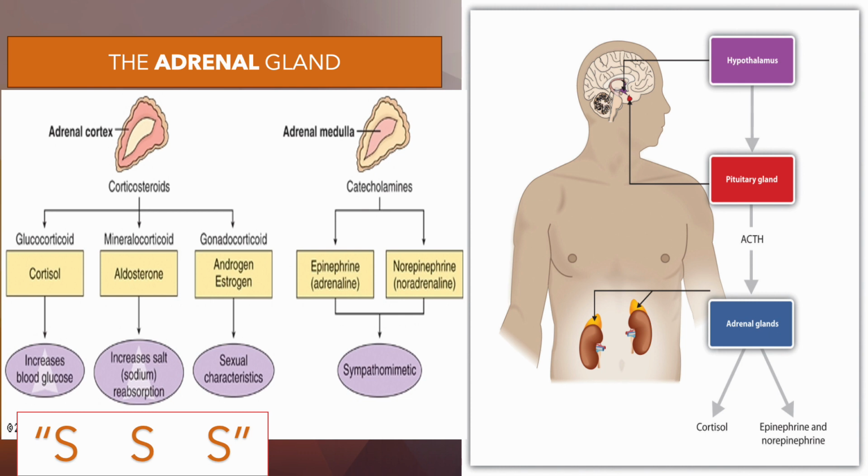The cortex involves mineralocorticoids, and our main mineralocorticoid is aldosterone, and we've heard about aldosterone already. It helps you regulate sodium, water, and also potassium. At times aldosterone will help us retain sodium and water, and by doing so it will excrete potassium.